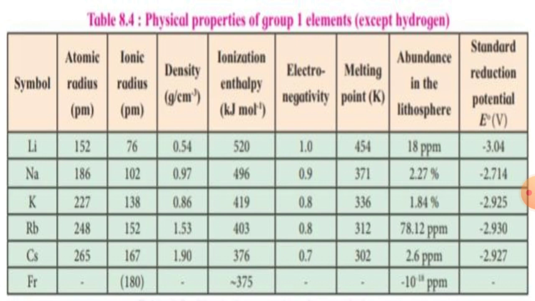Electronegativity, you are not supposed to study the value, only whether it is increasing or decreasing. Electronegativity is also decreasing. The melting point is also decreasing. In this way you are supposed to study.